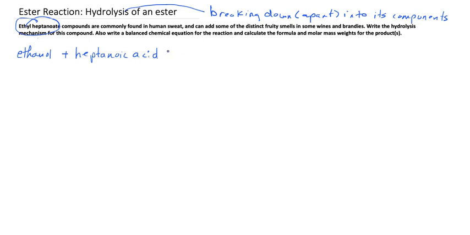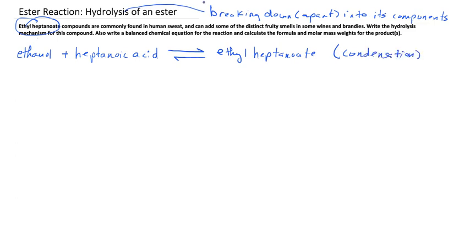That's what would have occurred. We know we're going to have a reaction, and then of course we would have had the ethyl heptanoate. Now we know that what I just wrote is the condensation reaction.